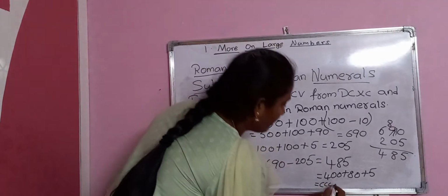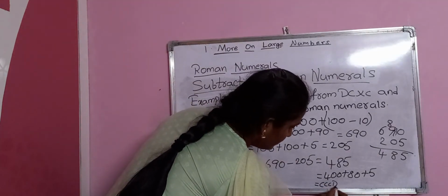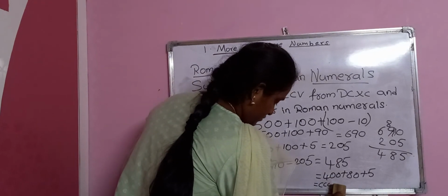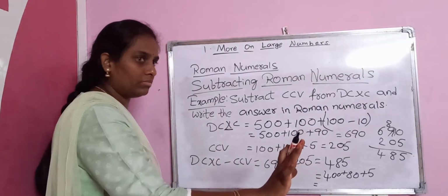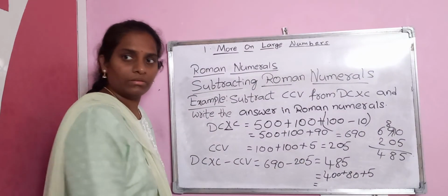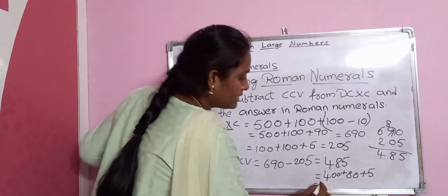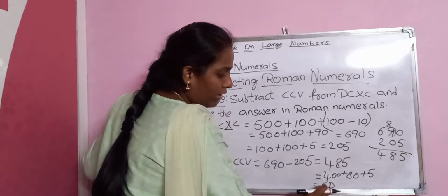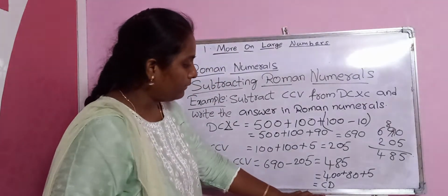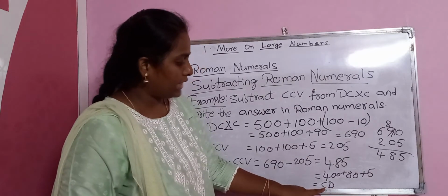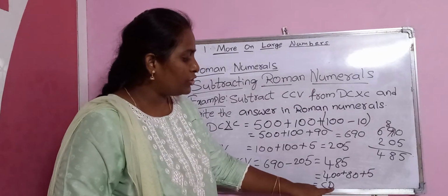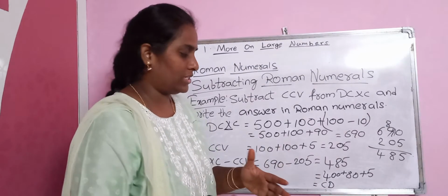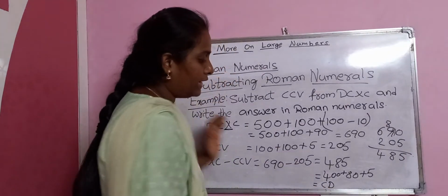Further, pass it. 400 means C, D. What is the C value? 100. What is the D value? 500. So here C is appeared before the D, means smaller numeral is before the larger numeral. So we'll do the subtraction. Okay. So 500 minus 100 is 400.